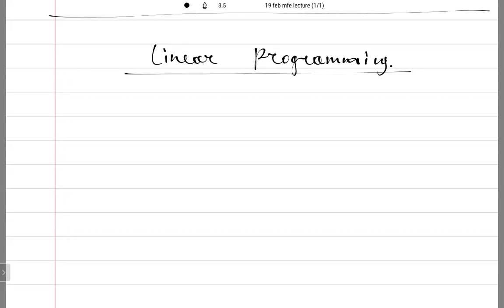Whoever has a fast, efficient algorithm for solving linear programming problems, at least approximately but very fast, can make money creating high frequency trading robots and so on.